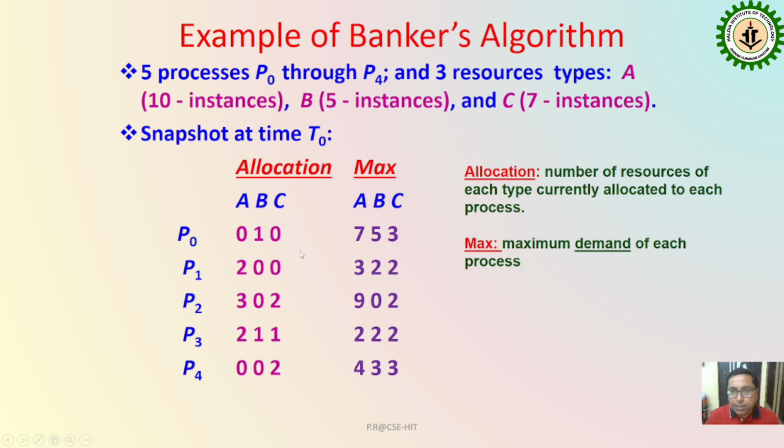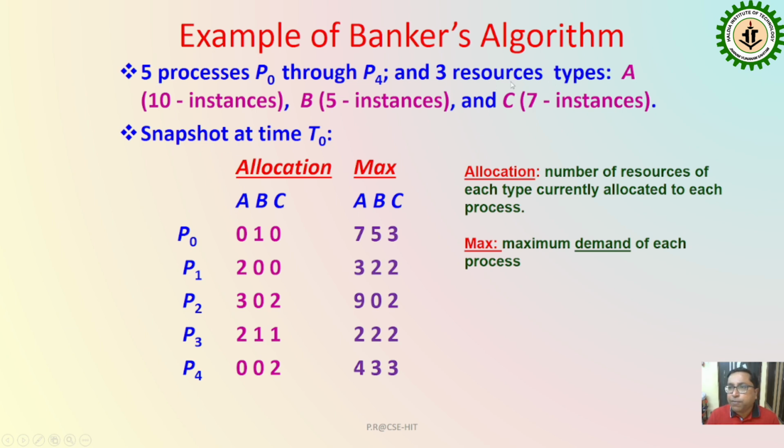This is the allocation matrix, that is how many resources are allocated to the resource A. For P0 it has 0 units of resource A, 1 unit of resource B, and 0 units of resource C. And this is the maximum demand, that means P0 can request resource A maximum 7 units, resource B maximum 5 units, and resource C maximum 3 units.